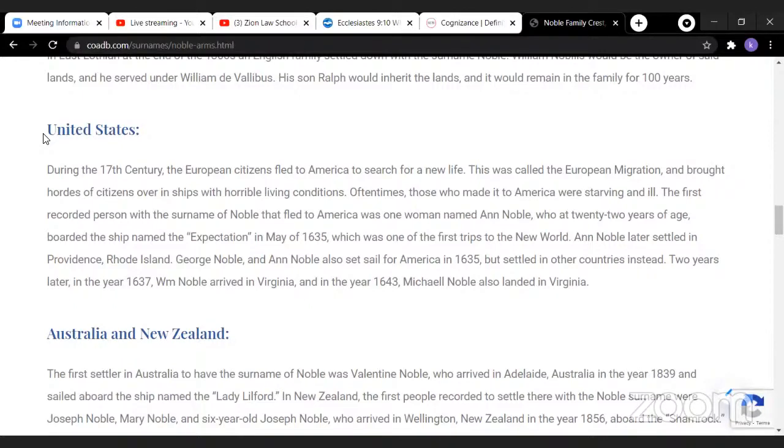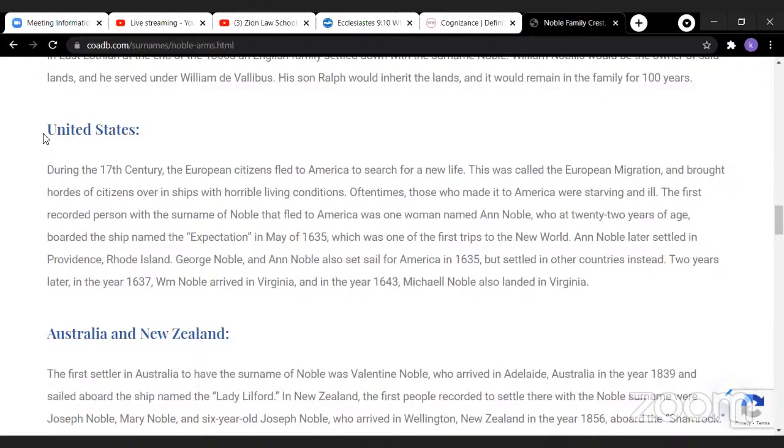The first reported person with the surname Noble that fled to America was a woman named Anna Noble, who at 22 years of age boarded a ship named the Expectation in May of 1635, one of the first ships to the New World. Anne Noble later settled in the province of Rhode Island.